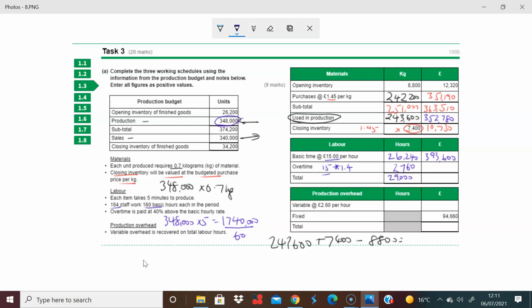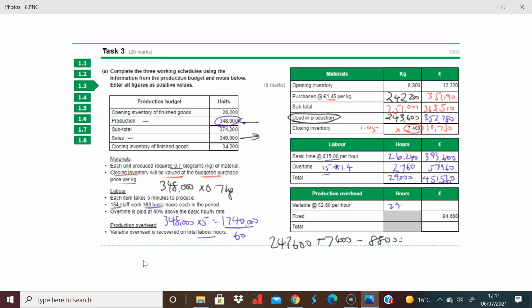Doing all of that takes us to 57,960, and then you add all that together and you have a total of 451,560.